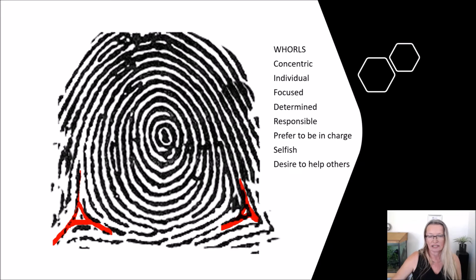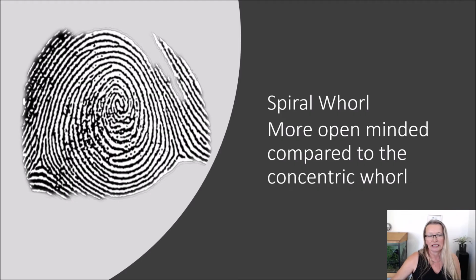So that's the concentric whirl, and we're going to go to the spiral whirl, which you can see has the tri-radius on either side, and it spirals instead of having the bullseye. So the spiral whirl has very similar meanings, except it loosens it up a bit.